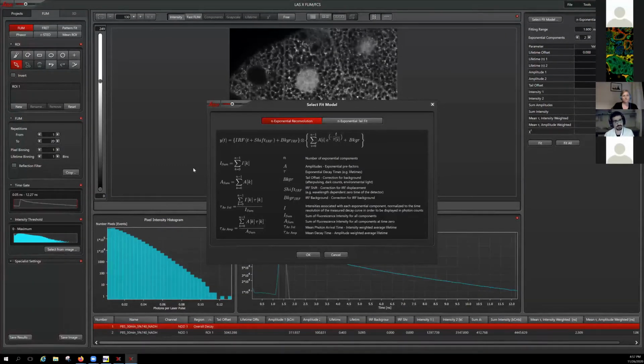But in principle, with the tail fit, we are focusing on the tail of the decay curve rather than the beginning. And that would just give statistically higher weight to the longer lifetime components than the shorter one. So we need to pay attention and be careful by using that one.